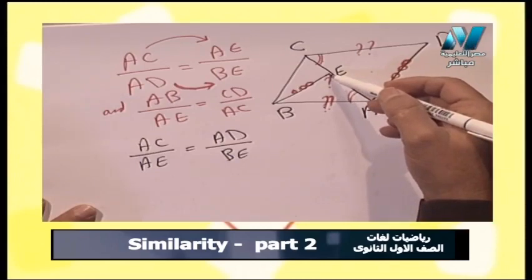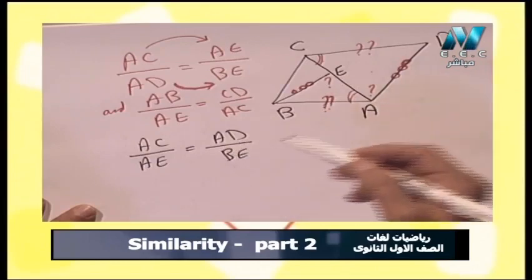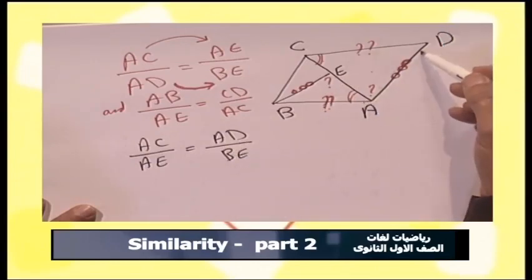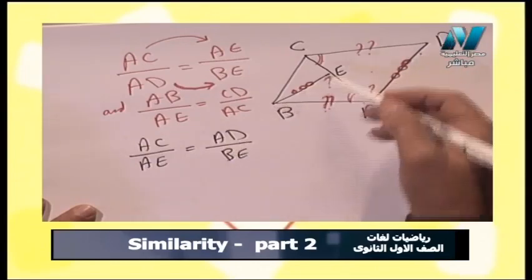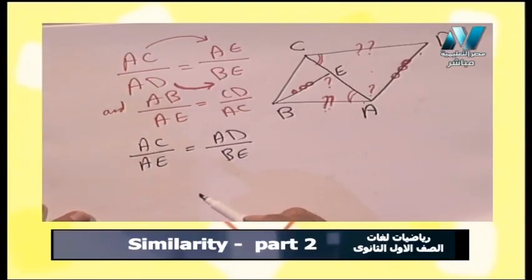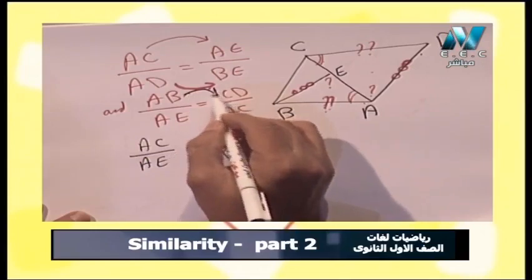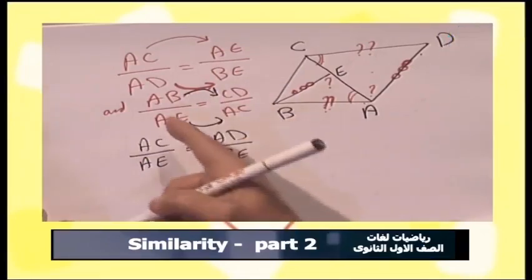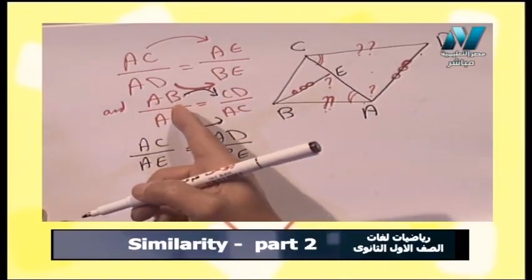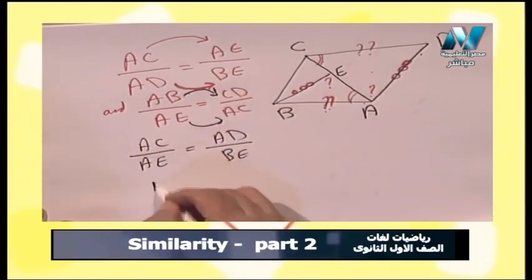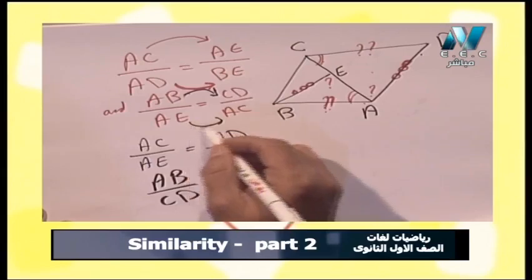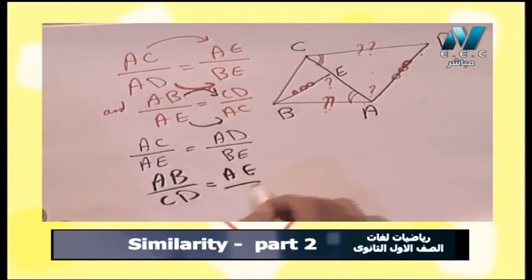Yes, we transferred from one triangle to another, equals AD here over BE, the other triangle. Okay? And try to do the same thing with the other ratio. Here we have two ratios. If we put AB over CD, AB over CD will be equal to AE over AC.